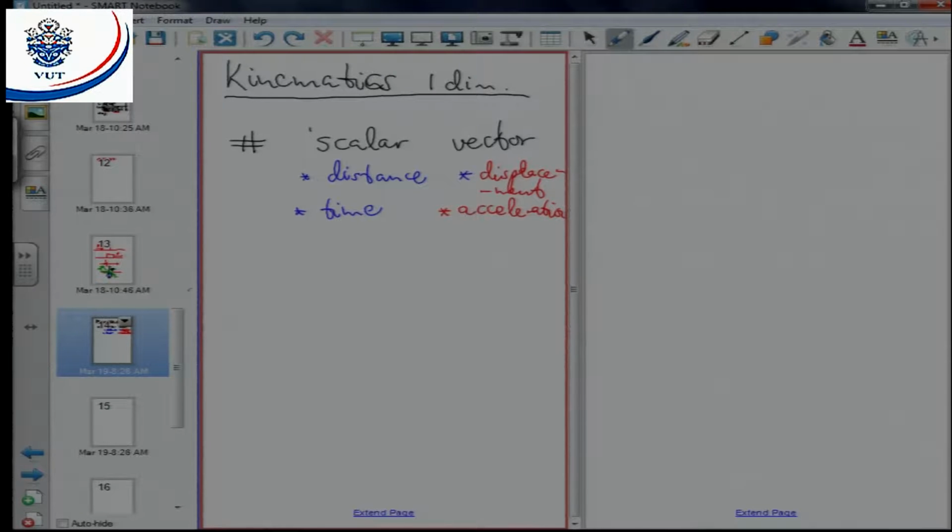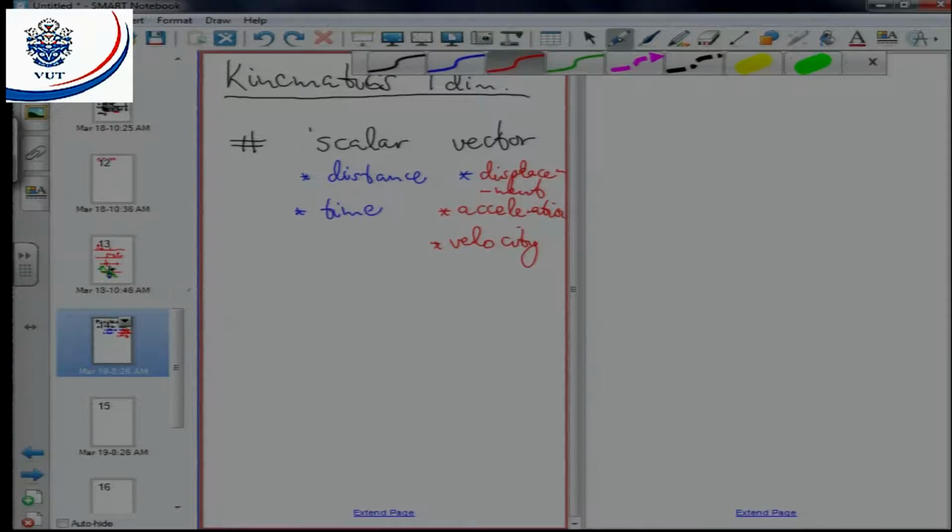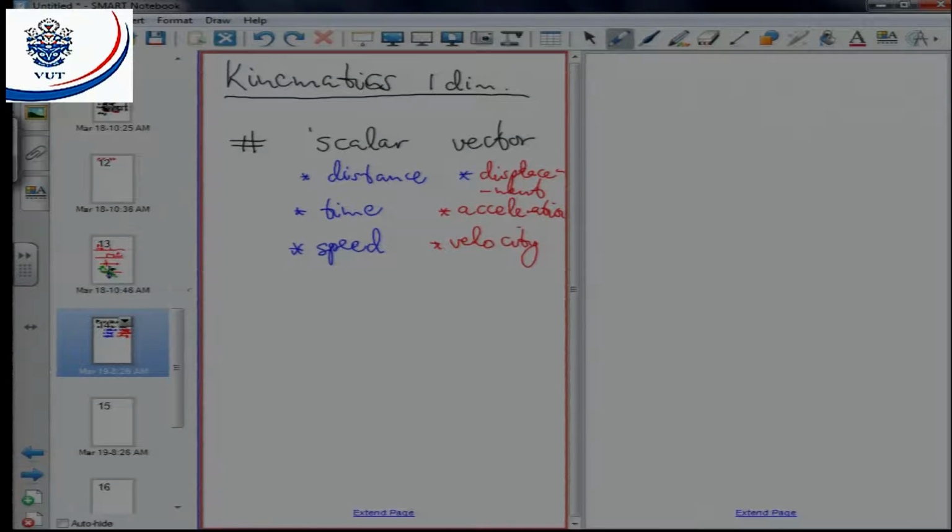And yeah, so velocity, which corresponds to speed when we go to scalars. So here we have speed, and there's many other examples. Maybe let's just mention them, but we're not going to study them in this section.